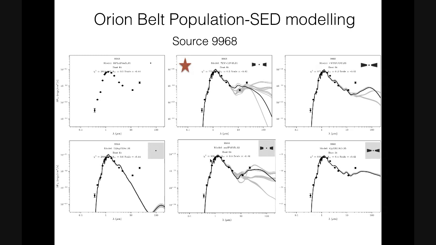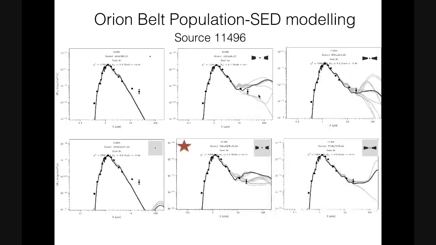We are pretty certain about the properties of the central source because they are well covered by Pan-STARRS and the 2MASS surveys. The disk properties are still under a huge discussion because we can see there is quite some degeneracy in the models.